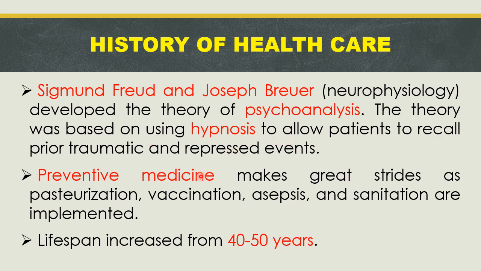Then, preventive medicine makes great strides as pasteurization, vaccination, asepsis, and sanitation are implemented. So the lifespan during the 19th century increased from 40 to 50 years. So mas mahaba na ang lifespan during this time kasi nga there are a lot of major discoveries during this time.